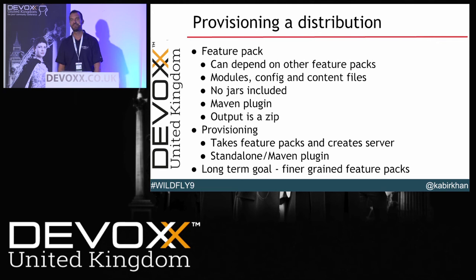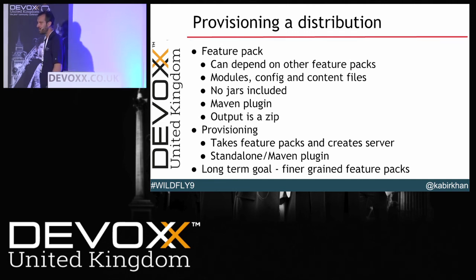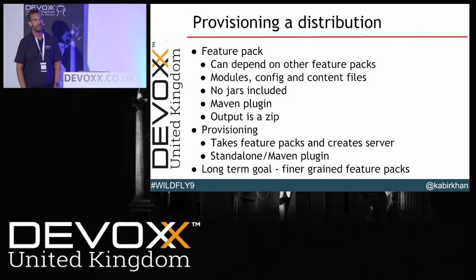So a feature pack is defined using some XML format and references the Maven artifacts from the repository. And it's built using a Maven plugin and deployed as a zip as a Maven artifact in the Maven repository.